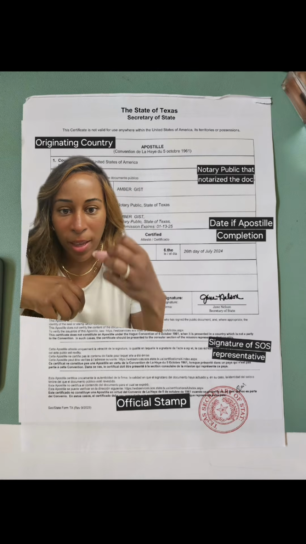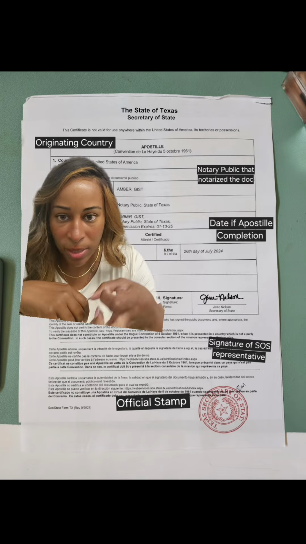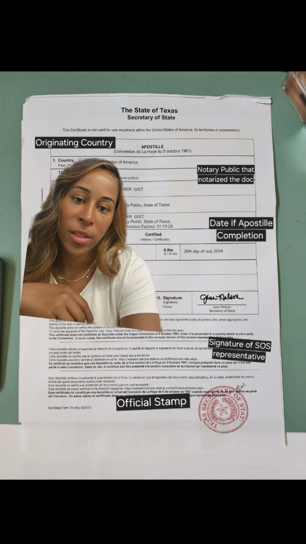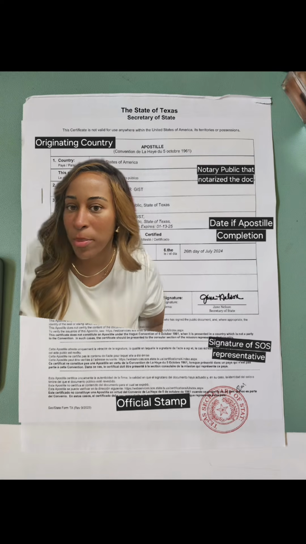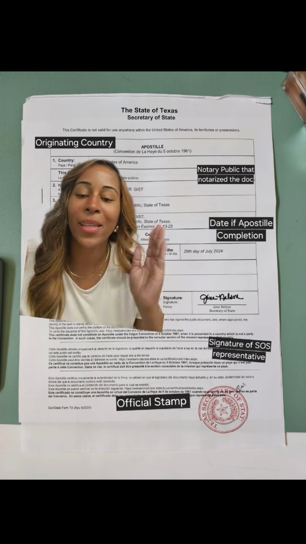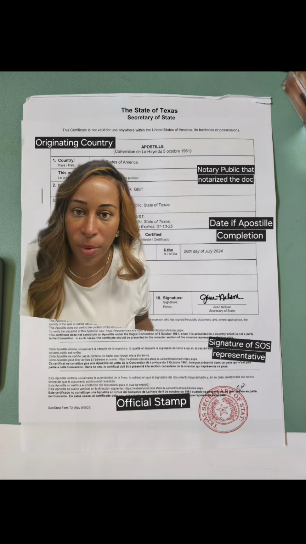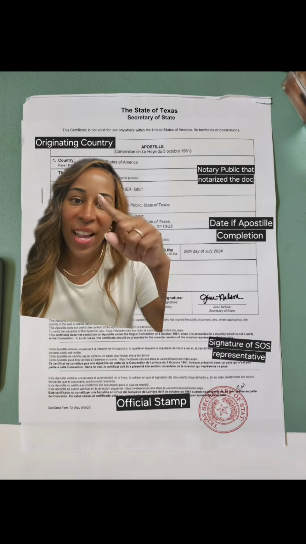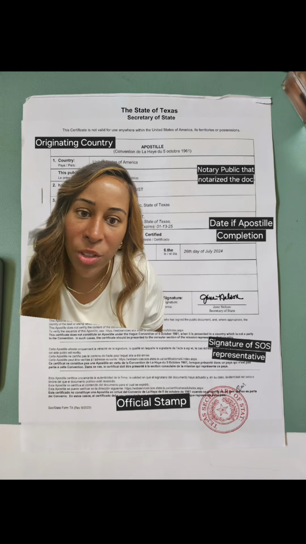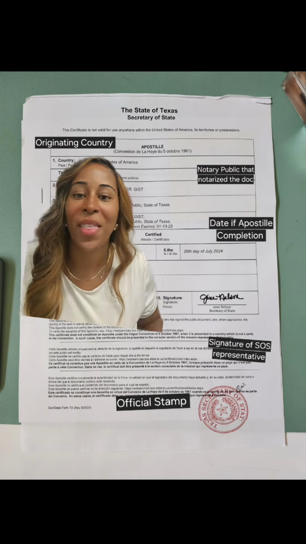So they stamp it like that, stamp it on both documents at the same time. And so that's their official stamp down at the bottom. In your state, you will have something similar to this, okay? It will not look exactly like this, but it will have the same information. All right, and then the next one is the signature of the SOS representative, and that's it.